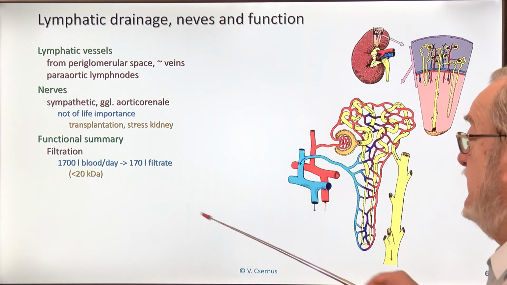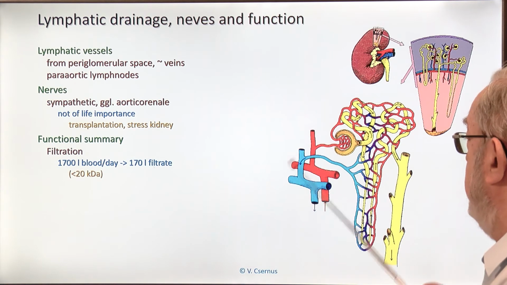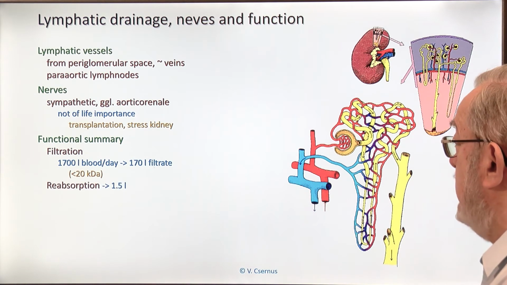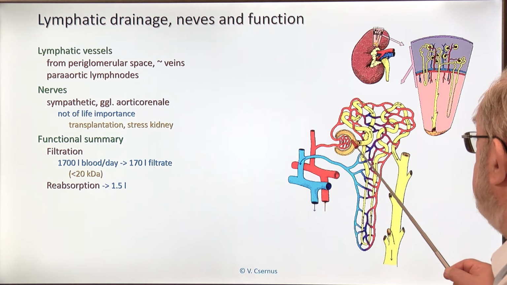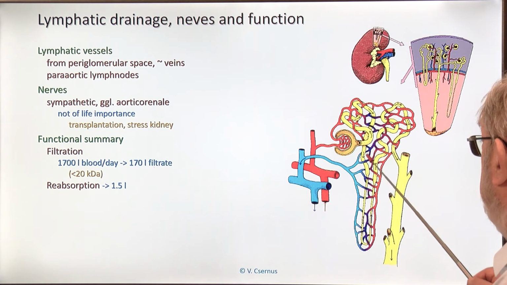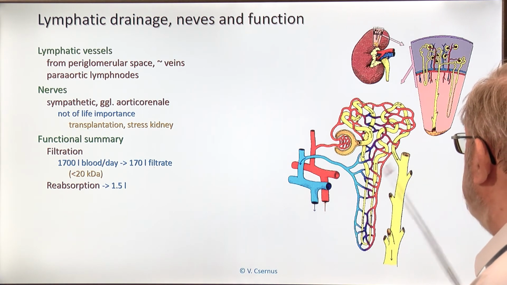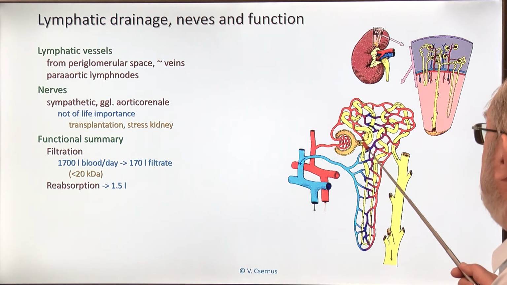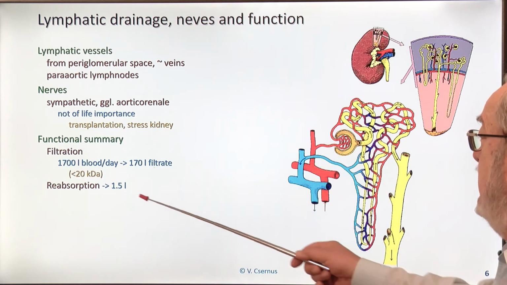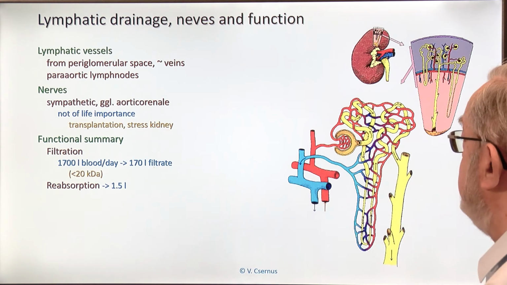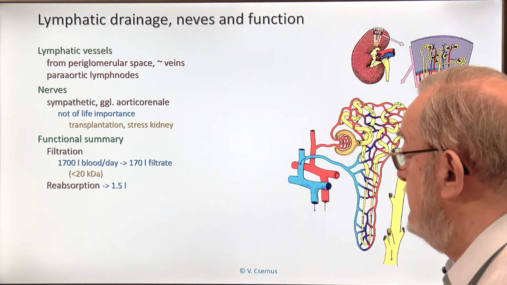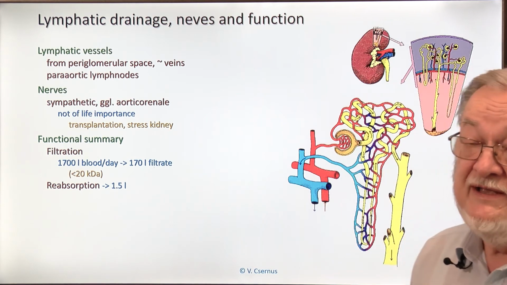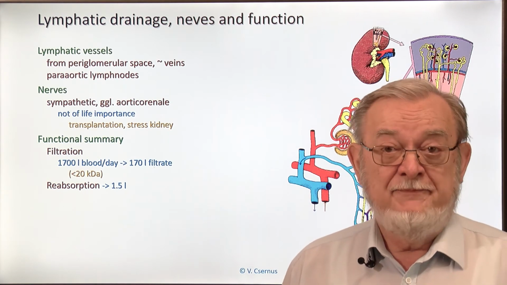Whatever is bigger than that, like the blood proteins, will all remain in the blood. Then this passes through the tubules, and getting back, 99% will be reabsorbed, and only at the end of this tube system, altogether 1.5 liters per day of urine stays.